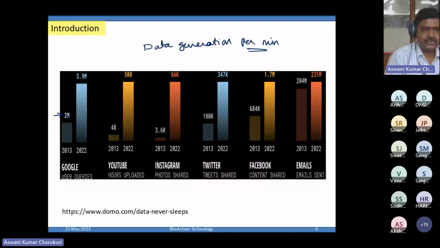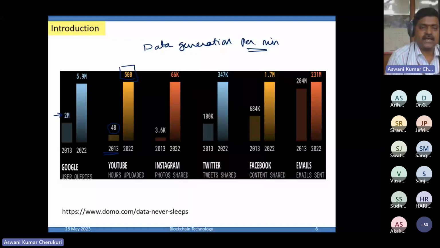Similarly, if you notice YouTube, in 2013, about 48 hours of videos were uploaded per minute. Whereas now, per minute across the globe, YouTube is receiving 500 hours of videos.